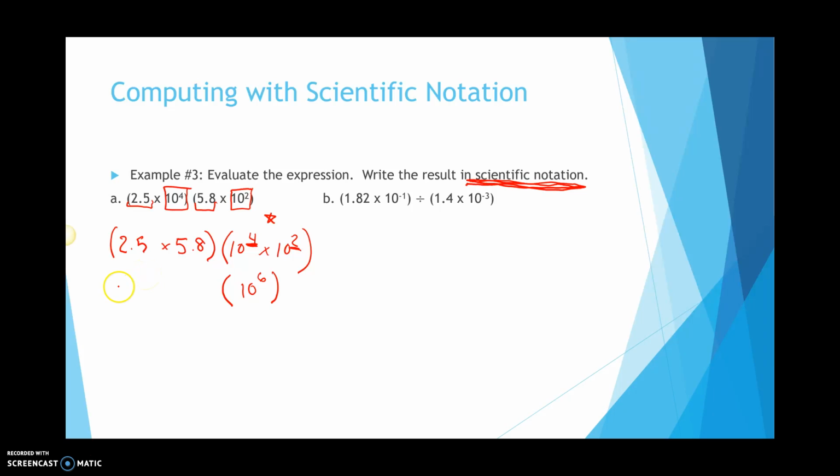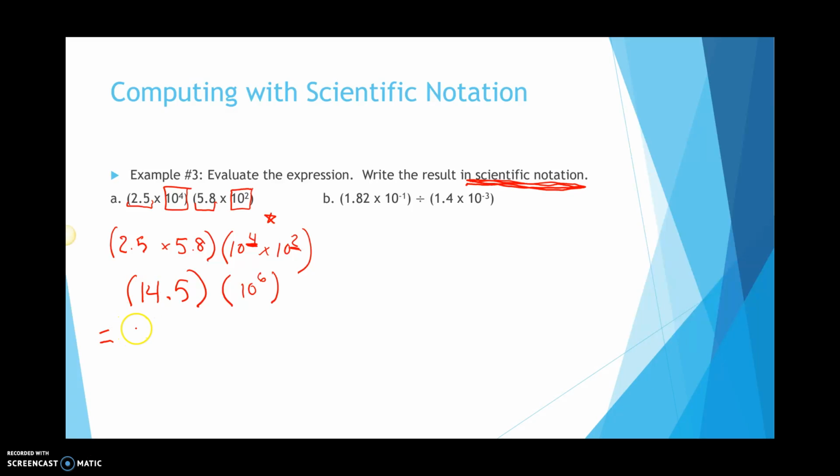When you multiply that out, you're going to get 14.5, and that's times 10 to the 6th. Now we do have to take this one step further because they want it written in scientific notation. Remember on that first slide I mentioned, when you're writing numbers in scientific notation, the decimal needs to be between the first and the second digit, when it's working with a non-decimal number, I should say.